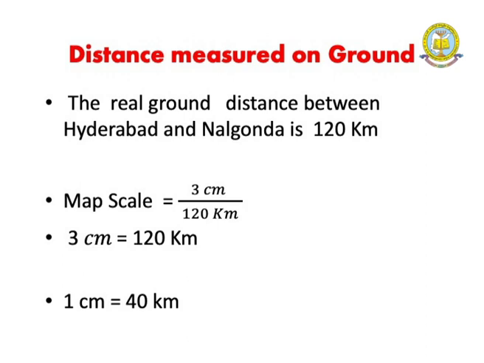So 3 centimeters is equal to 120 kilometers, then 1 centimeter is equal to 40 kilometers. It means 1 centimeter measured on the map shows 40 kilometers on the ground.